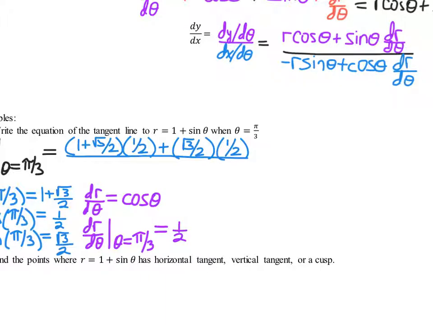Denominator negative r. So negative 1 plus root 3 over 2, times the sine of theta, root 3 over 2, plus the cosine of theta, which is a half, and the derivative at pi over 3 would also be 1/2. Right, so all of this stuff together is going to give us a juicy derivative.